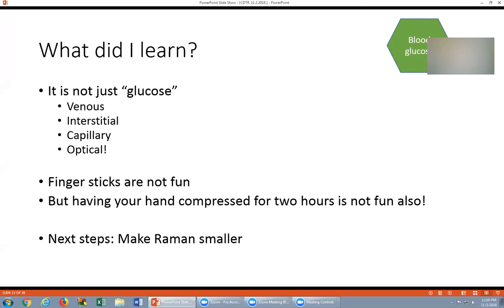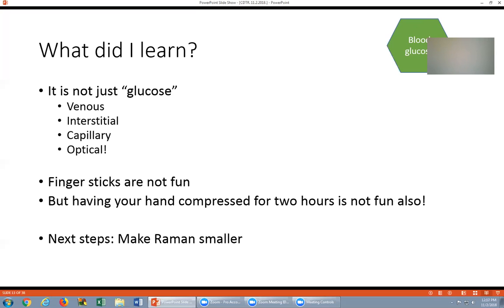And then there's a different thing called the optical glucose measurement, which is, again, a totally different thing. I also realized that finger sticks are not fun. And some of the participants that did not even have impaired glucose were actually quite expressive about the fact that finger sticks are not fun.